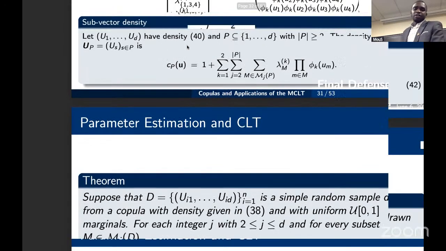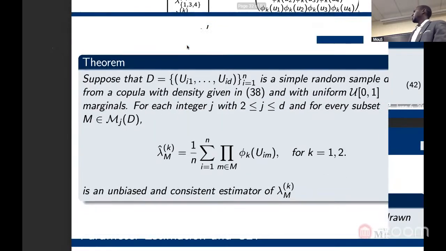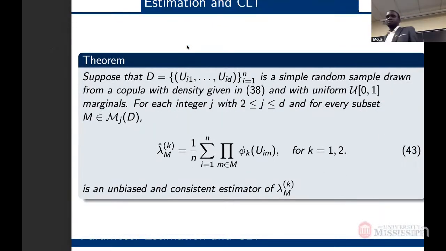Now we have this theorem that gives an estimate of the parameters lambda k, which is a more general case. But this estimate works for the IID case. So we have an IID data set, a simple random sample, drawn from a copula with density given in 38, which is the extended d-variate FGM copula, and uniform marginals to make things easier.